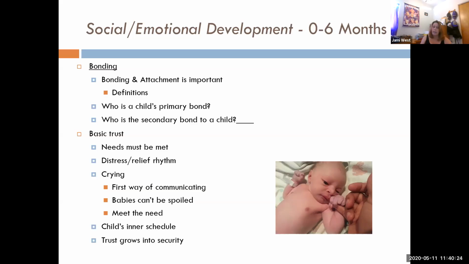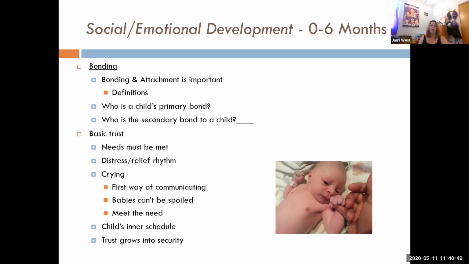When they're hungry, are they fed? Right? When they have a dirty diaper, are they cleansed? Okay? So that trust is met by their needs being met.